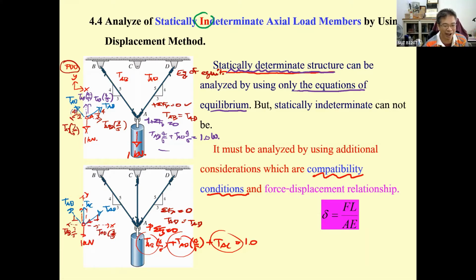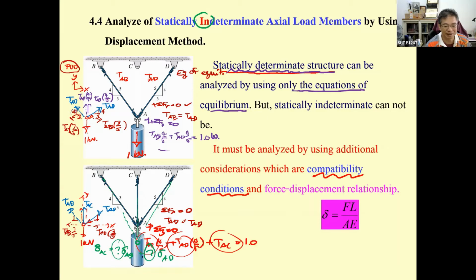You got to have this movement from this one to this one, and then you consider the relationship of the deformation of this rod. The deformation of the AC is equal to the deformation of the AB and equal to the deformation of the AD.